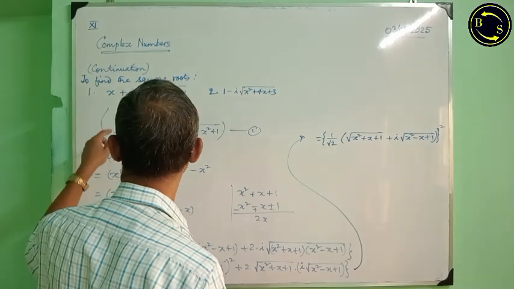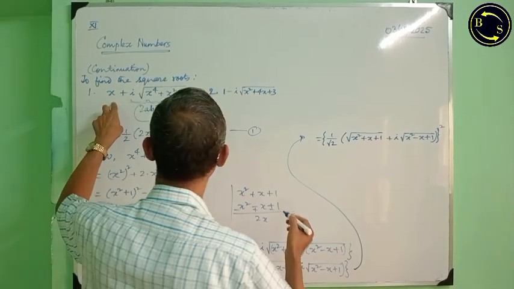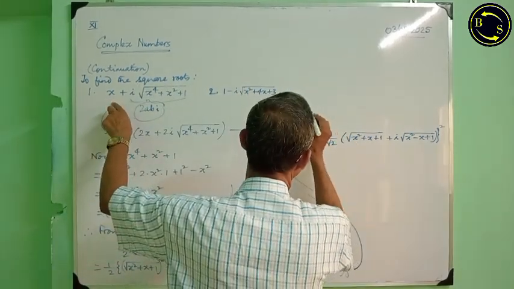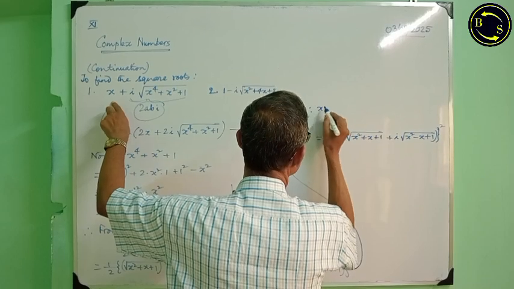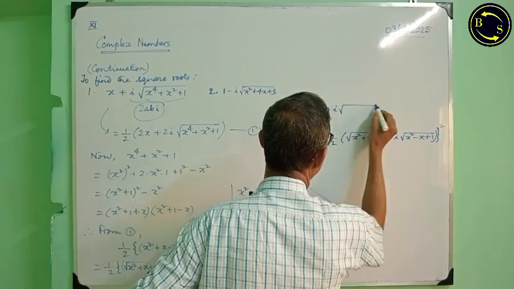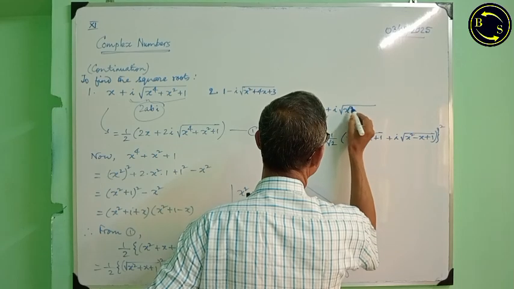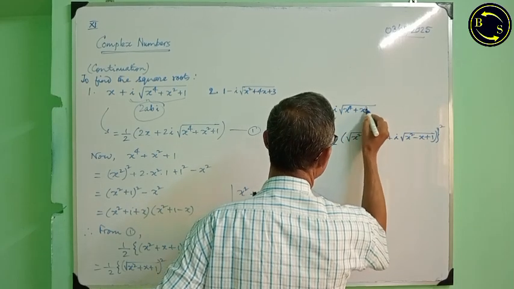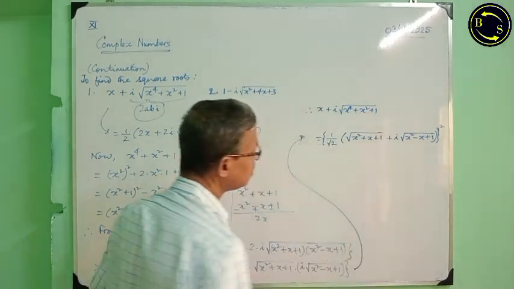I write the original expression here, therefore x plus i under square root symbol x to the power 4 plus x square plus 1.